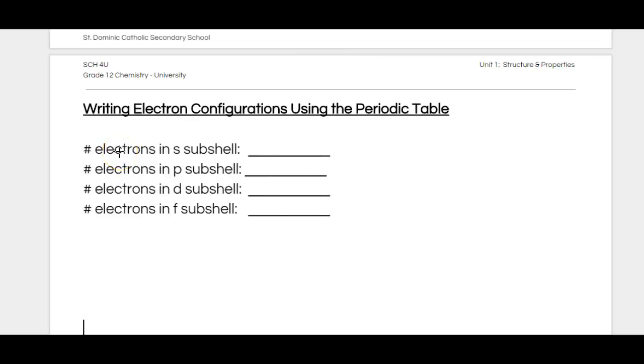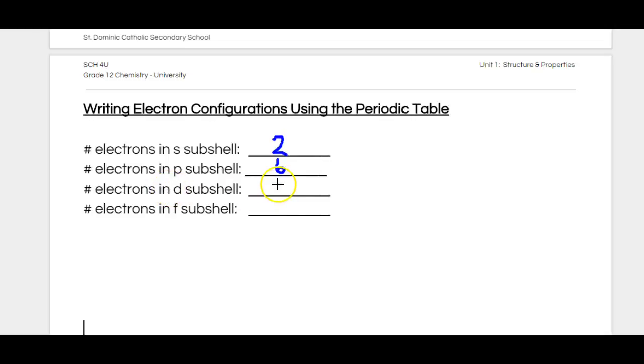So before we do this, I want to draw a relationship between the periodic table and its structure and the number of electrons in each subshell in total. So we know that in the S subshell, of course, there's only one orientation, so there's 2 electrons allowed there. The P subshell, well, we have the PX, the PY, and the PZ for a total of 6 electrons.